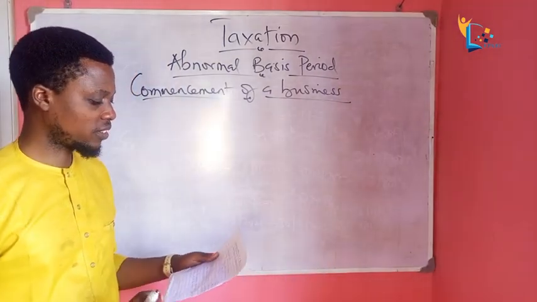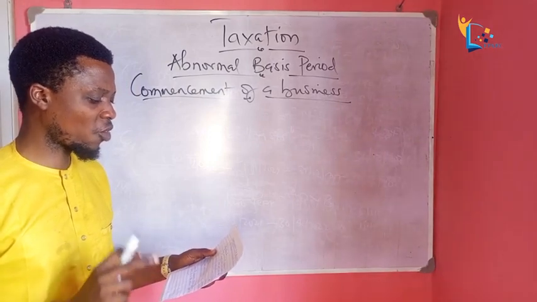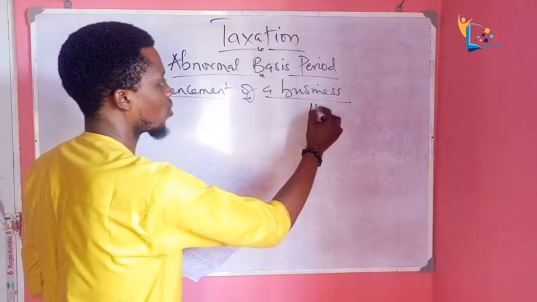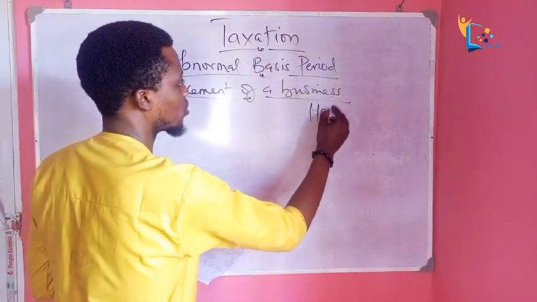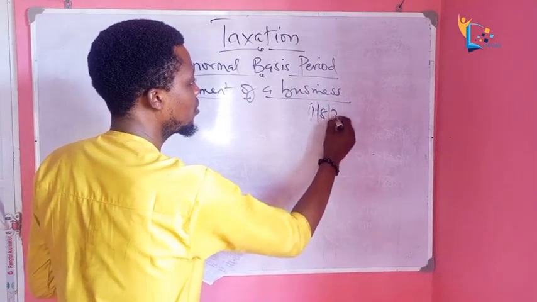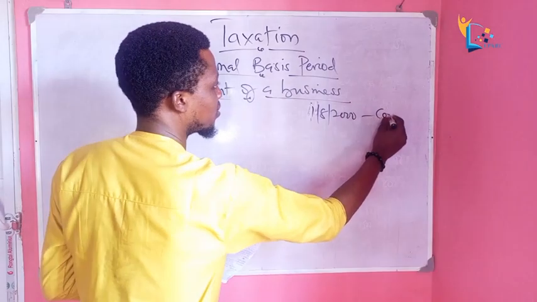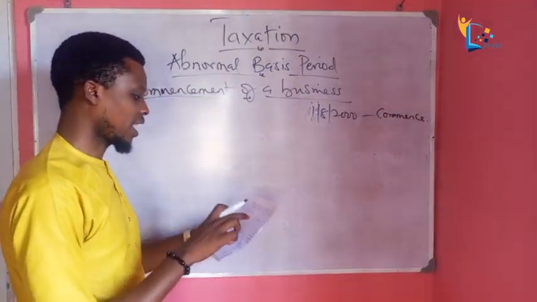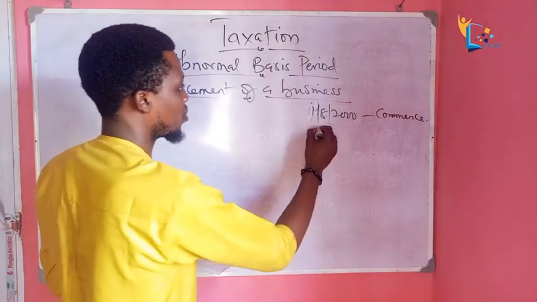The first one says, Sheiks Promas Limited commenced trade on 1st of August 2000. This is commencement. The accounting date is 31st March every year.